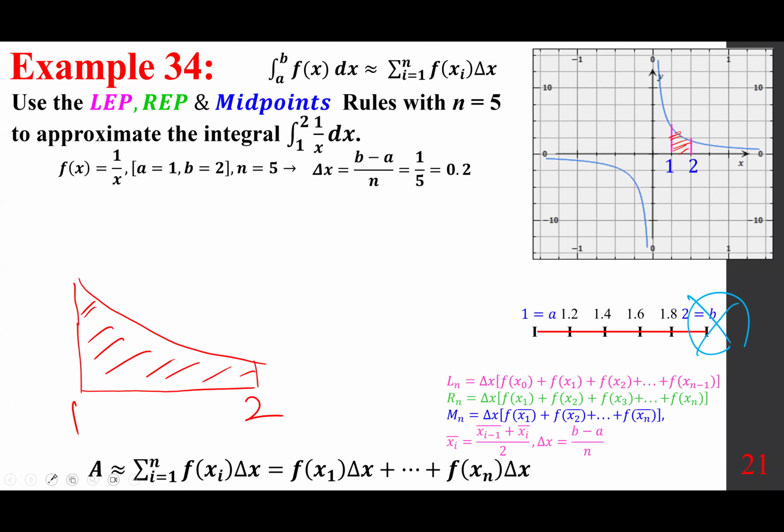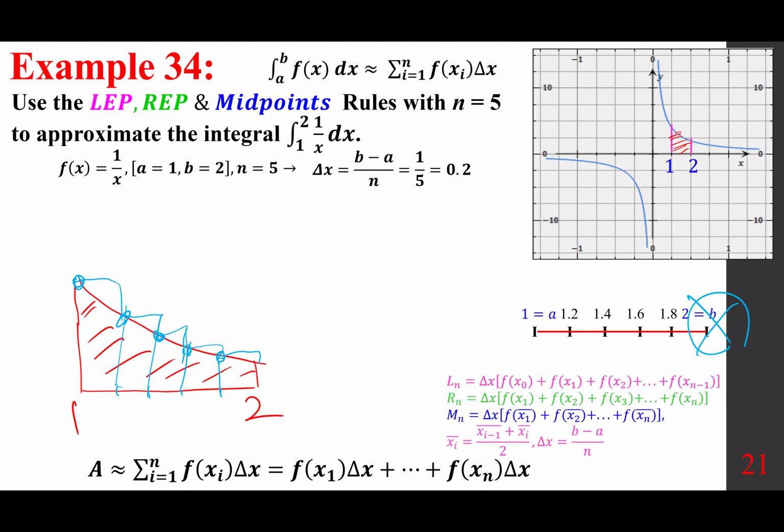So when you draw this, the left endpoints become that. So you're using those points. So you don't use the last one.